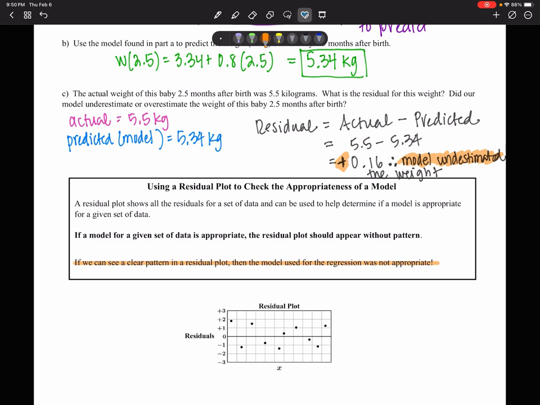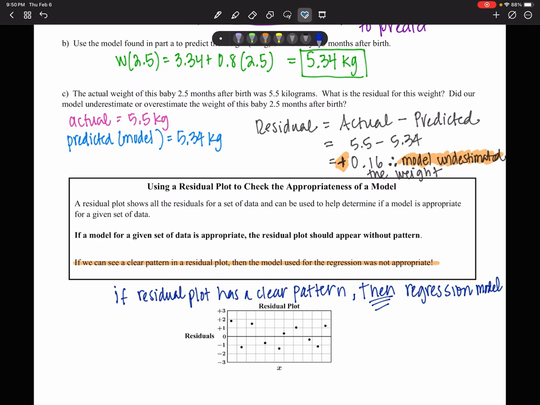If a residual plot has a clear pattern, then the regression model you chose is not appropriate.